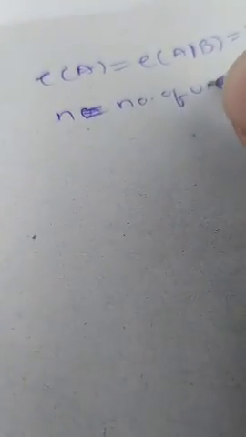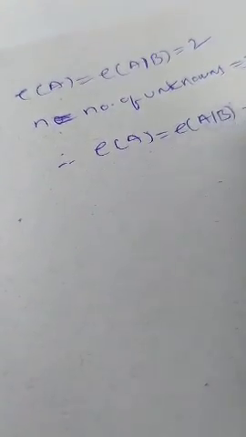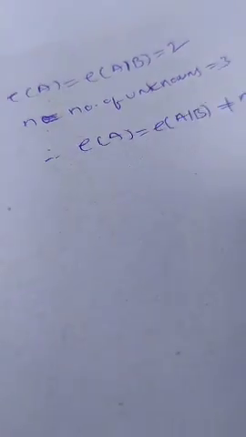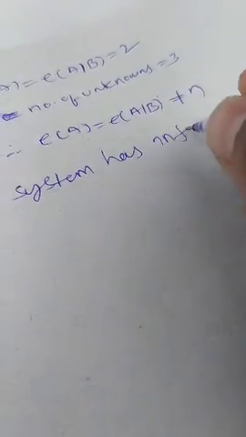Number of unknowns, that is n, is 3. That means the ranks are equal but not equal to the number of unknowns. In this case, the system has infinite solutions.